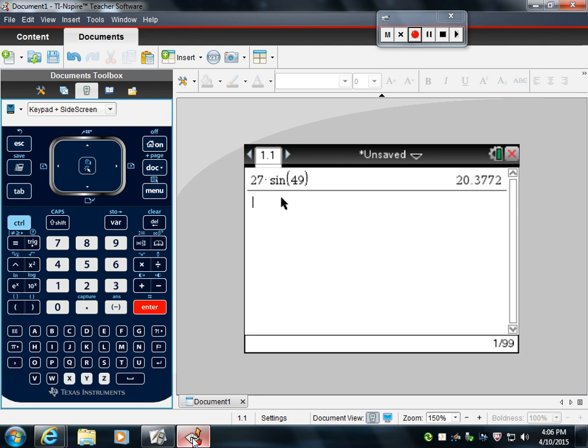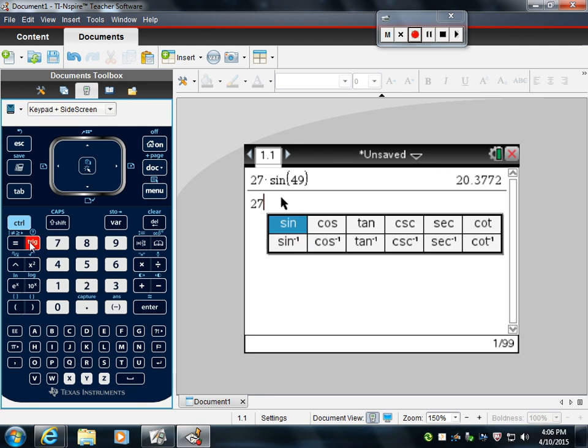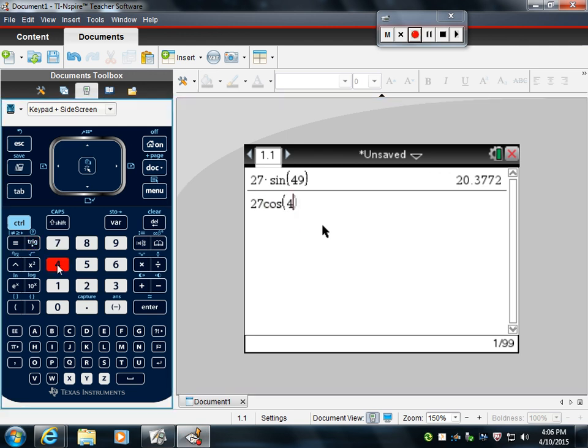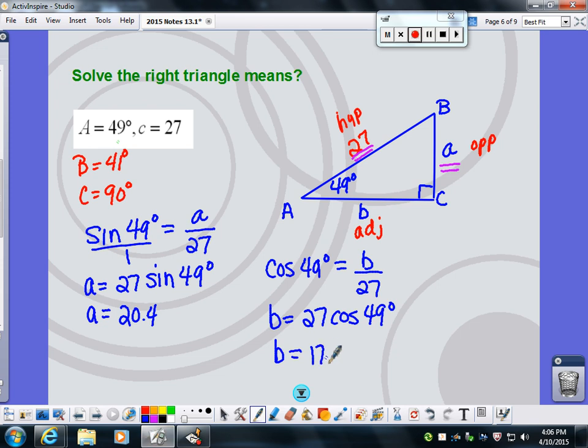So we type 27, hit our trig again. This time we want cosine of 49 degrees. Hit enter, and we're going to round to the nearest tenth. So 17.7. So B is 17.7. Now we've solved our right triangle. We found all the sides and all the angles.